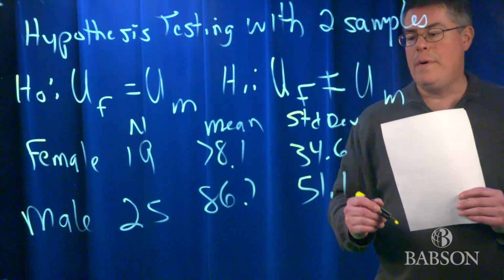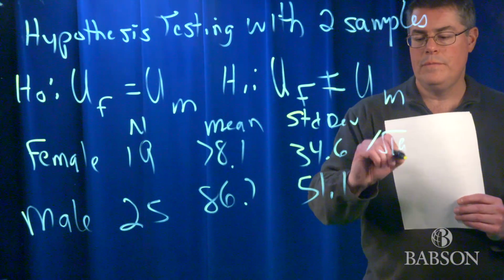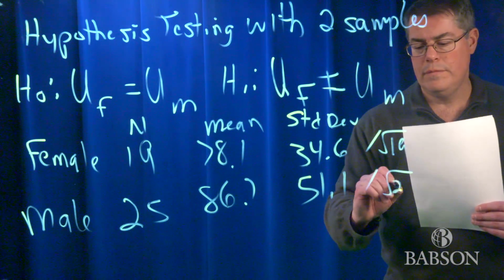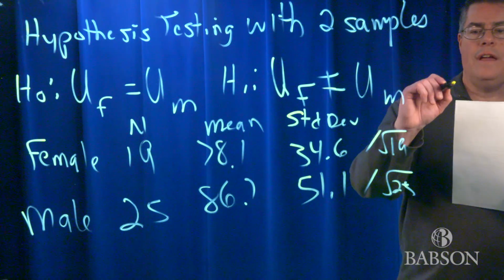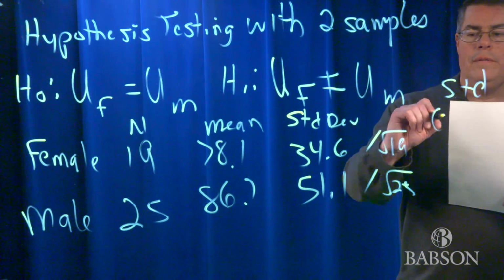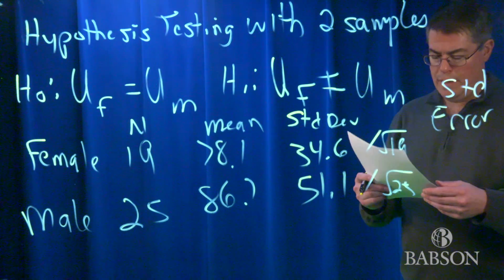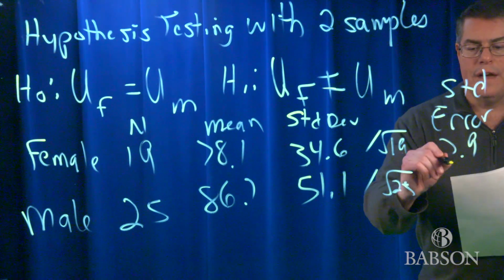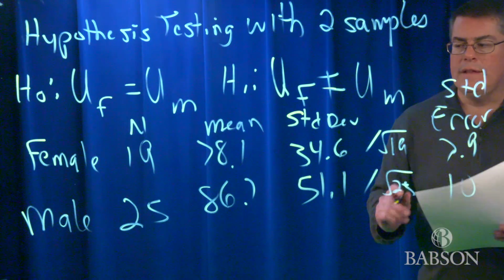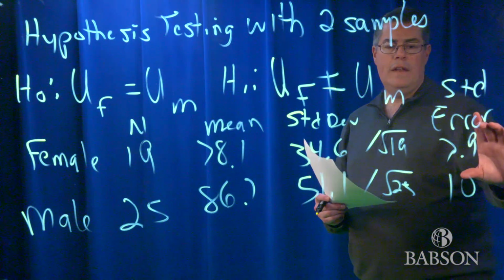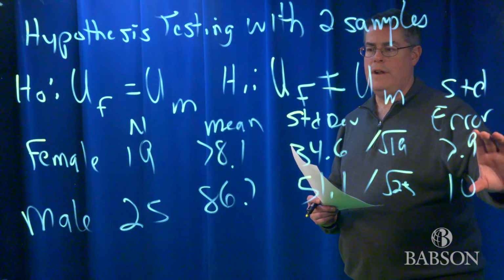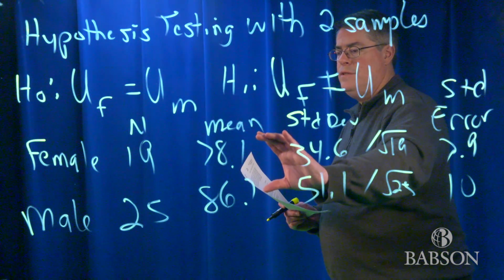When we take that and divide it by the square root of the sample size for each one, that gives us our standard error for both subpopulations: 7.9 for the females and 10 for the males. So taking into account our measure of variation, standard error, the difference between these two sample means, are they statistically different enough to conclude that the population of all graduating MBA students has a difference in salary?